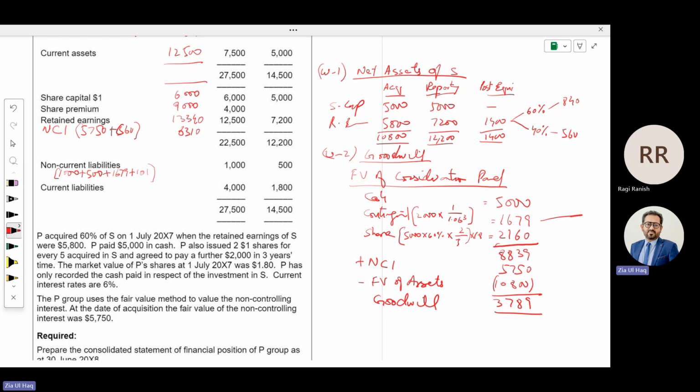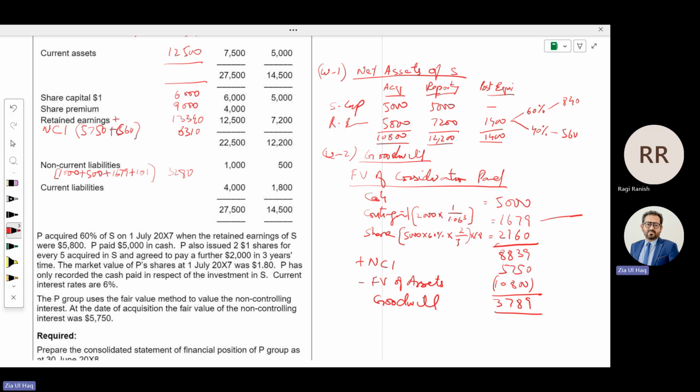Now please calculate this non-current liabilities for me. 1,780, and 32 for retained earnings. Adding these. What's the accounting entry for unwinding? Finance cost debit, non-current liability credit.